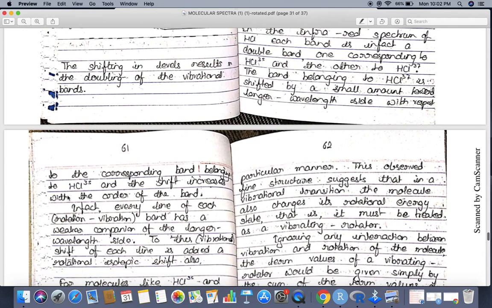Now corresponding to HCl35, the shift increases with the order of the band. Once you take higher orders of the band, the shift will be increasing.